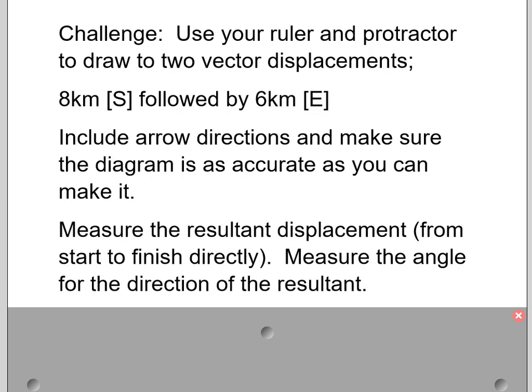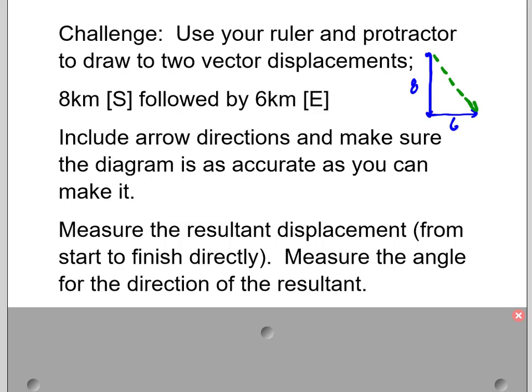measure the resultant displacement, so from start to finish. I'll just make a doodle up in the corner here. So if we have south 8 followed by 6 to the east, the resultant displacement is going from start to finish.